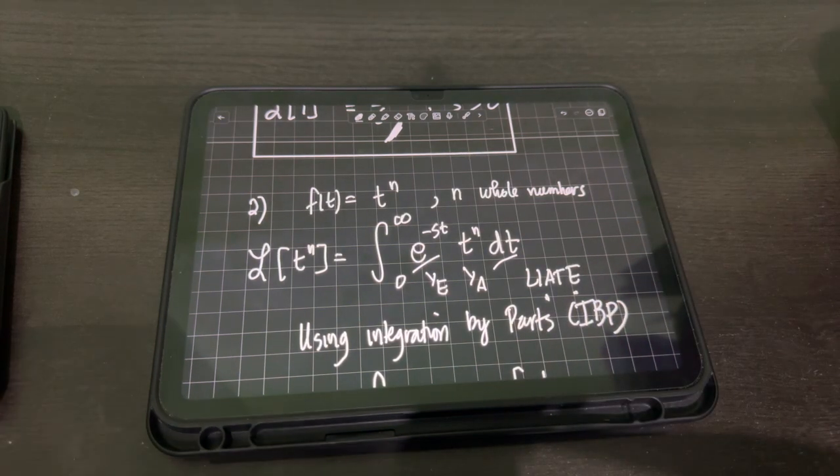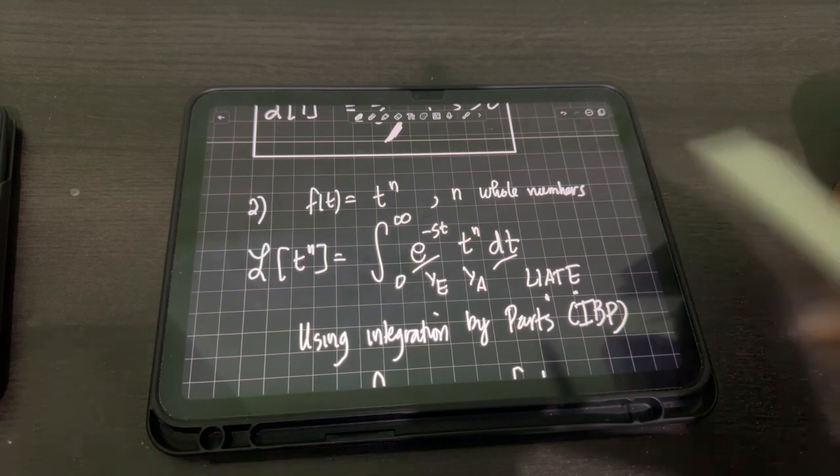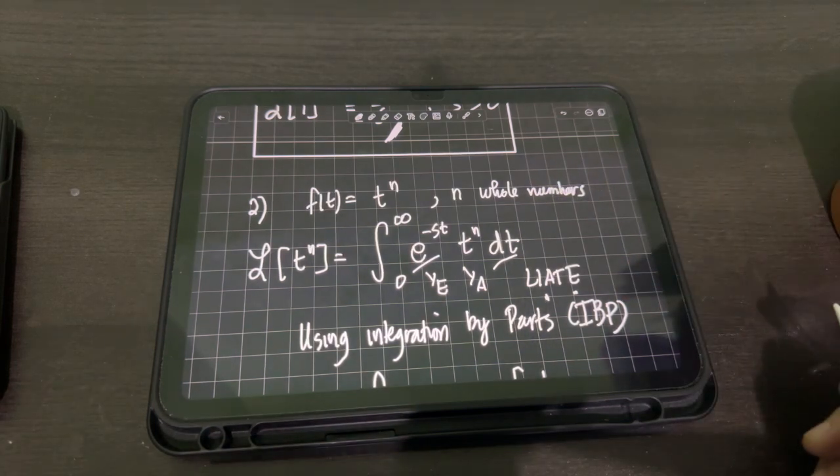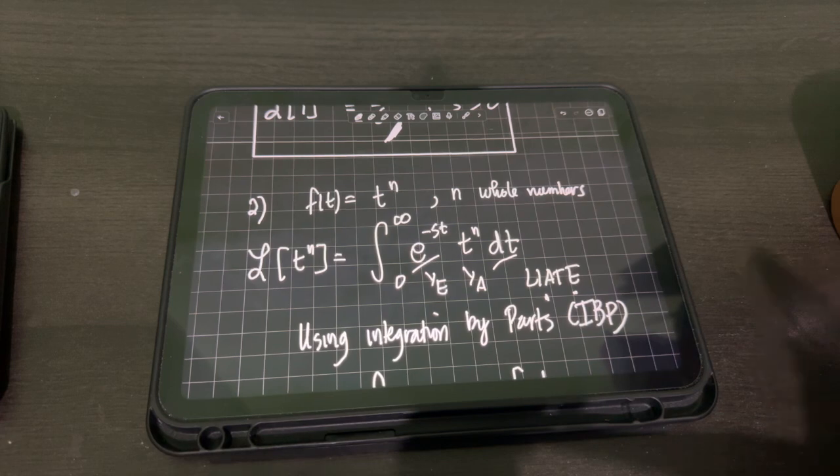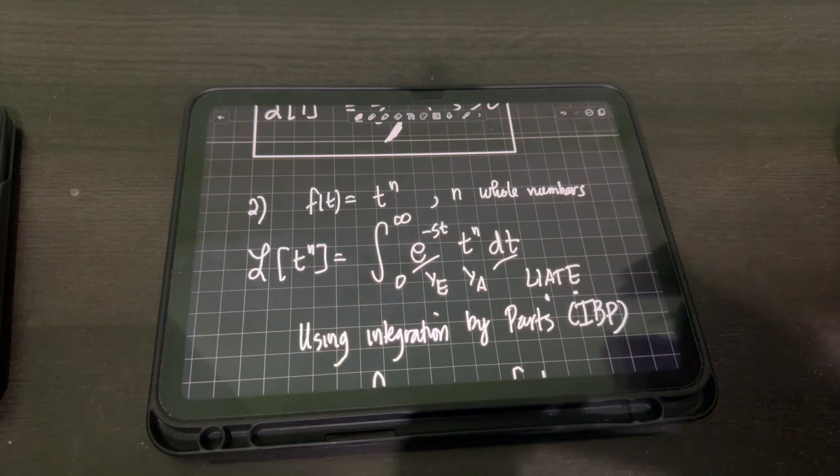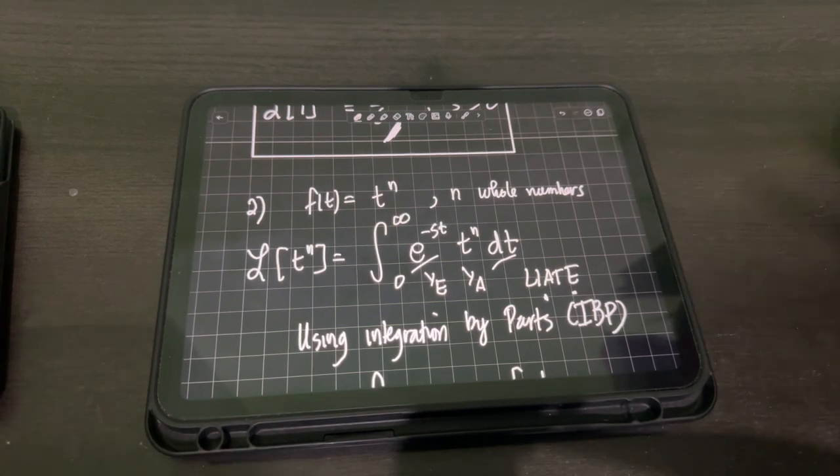So later, once we are able to solve that problem, we will find the Laplace transform of t raised to alpha, where alpha is not just a whole number but any real number greater than negative 1. But for now, this is the answer.